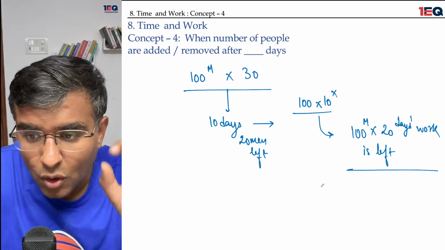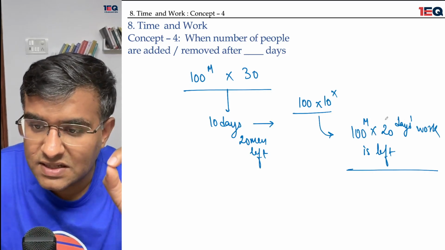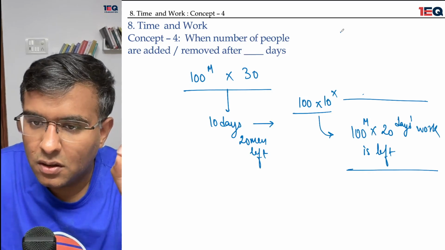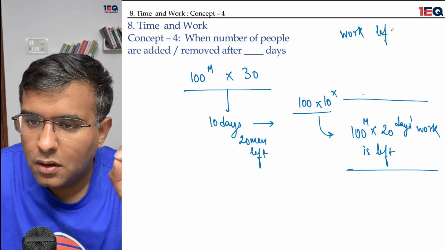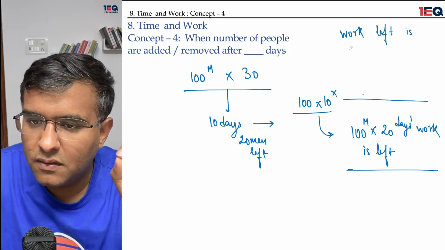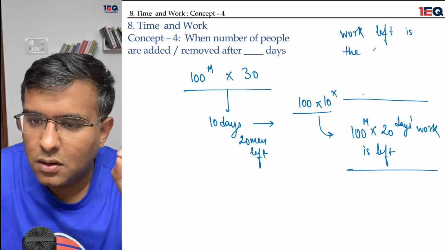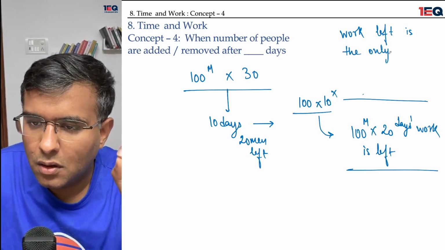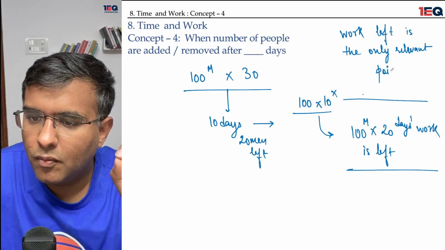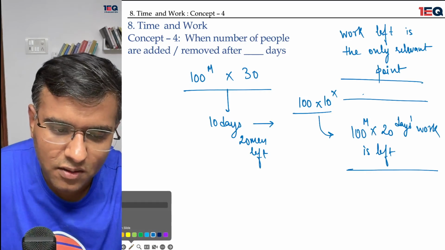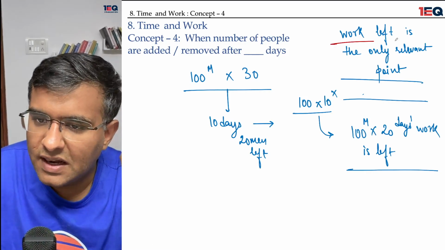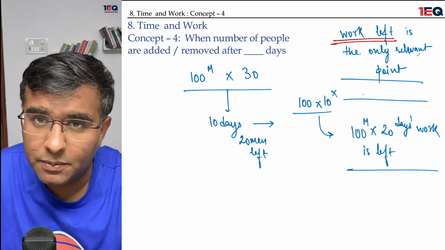Here, I have talked about how the work left is relevant. Okay? Work left is the only relevant point. This is the main star point, that work left is the only relevant thing.